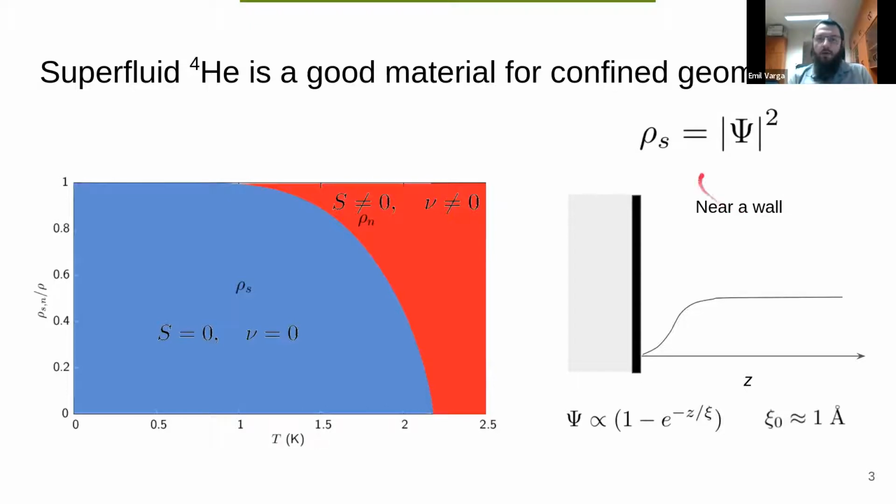Now, near a wall, this macroscopic wave function has to go to zero smoothly, which sets the form the macroscopic wave function can take, with some sort of relaxation to a bulk value controlled by a correlation length. This, in the low temperature limit, for helium-4 is about 1 angstrom, so atomic size.